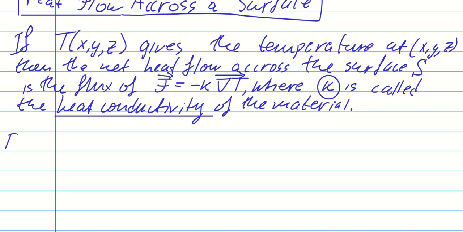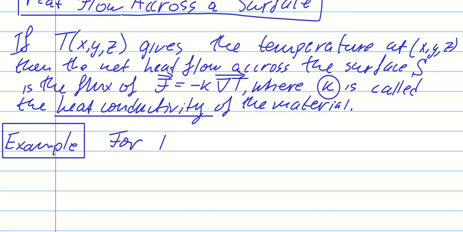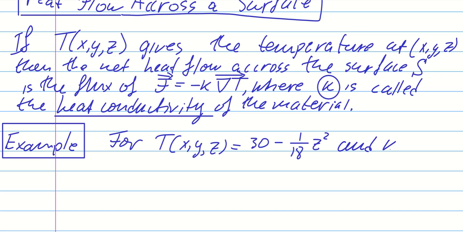So let's look at the example. Our example will talk about the following T. So T is given by the following function, which is 30 minus 1 over 18 z squared, and constant K is equal to 2.